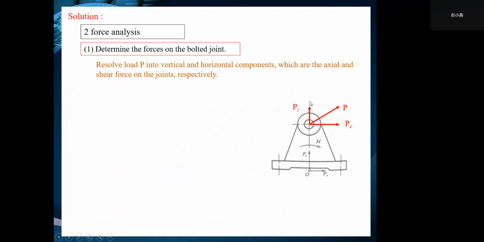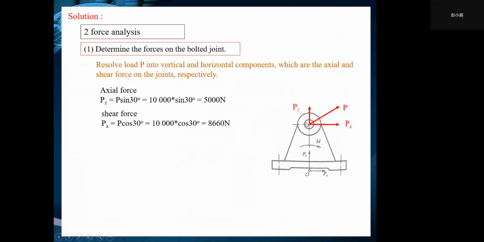The vertical component is the axial force, and the horizontal component is shear force. And we can calculate the axial force and the shear force. For axial force, it's the load P times sine alpha. Alpha is 30 degrees, and shear force Px is P times cosine alpha.